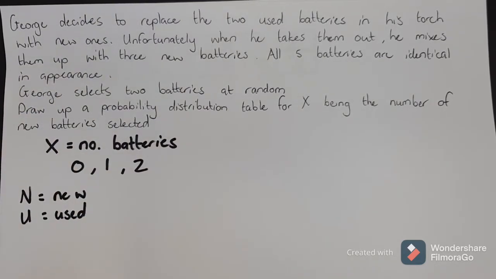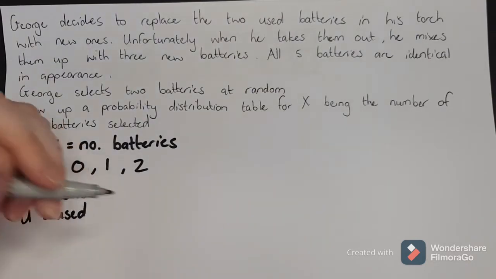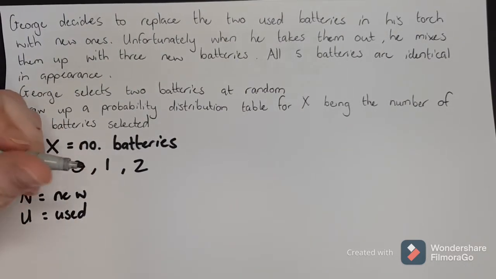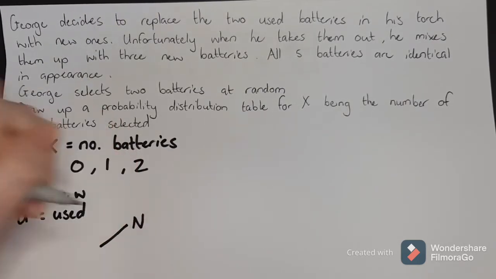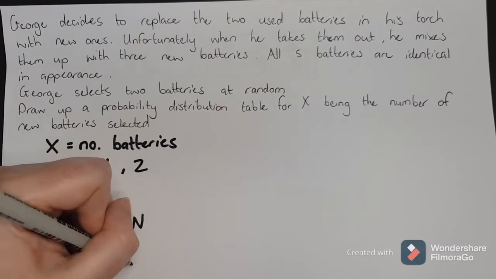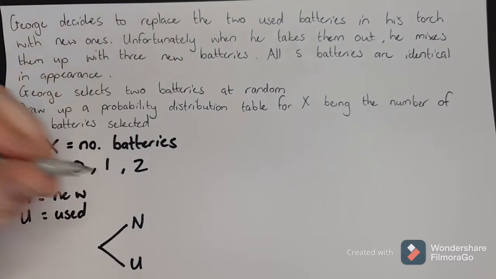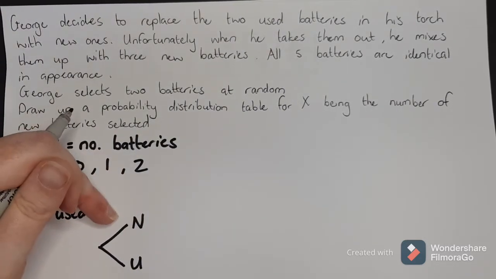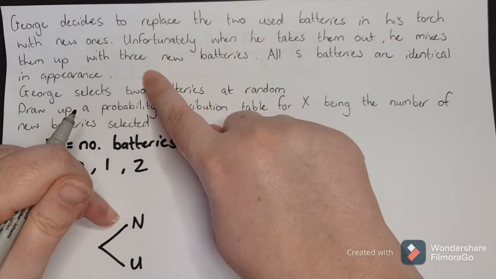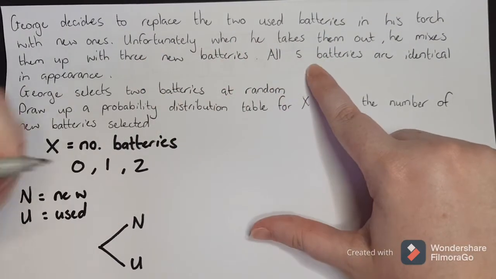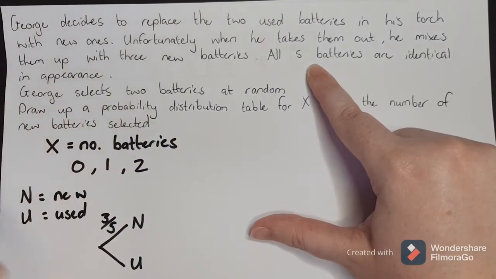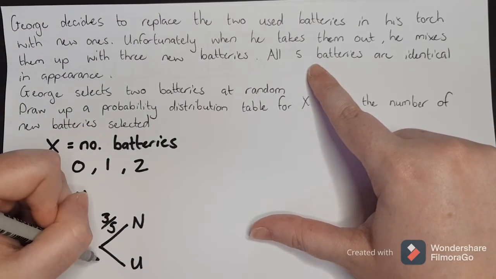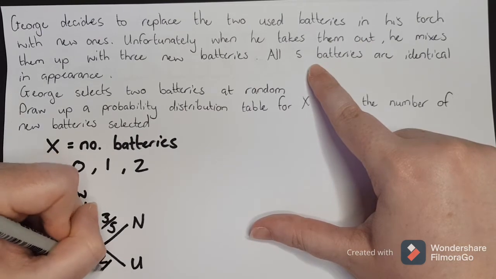Okay, and if we're going to draw up our tree diagram, on his first pick, when he picks the first battery, he either picked a new one or he picked a used one. The probability of him picking a new one first, there were 3 new batteries out of the total of 5 batteries. So that's going to be 3 over 5. And there were 2 used batteries in the 5 batteries, so that's going to be 2 over 5.